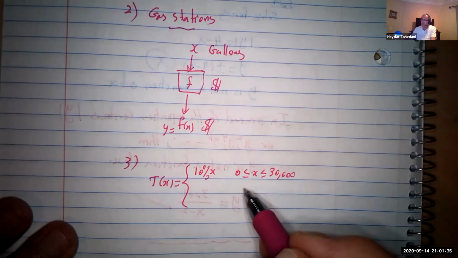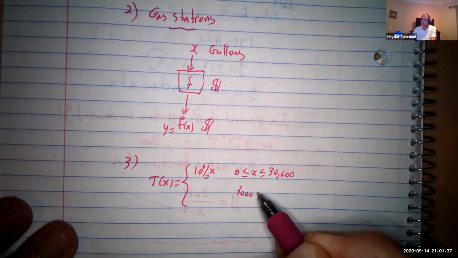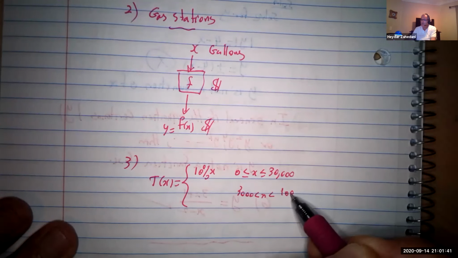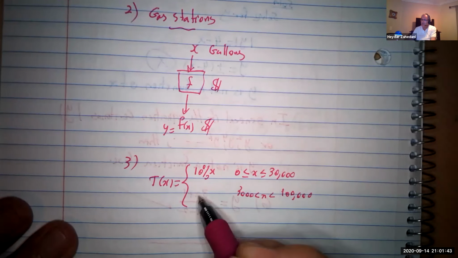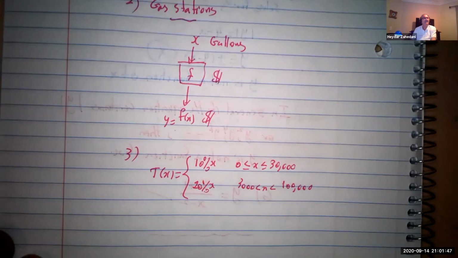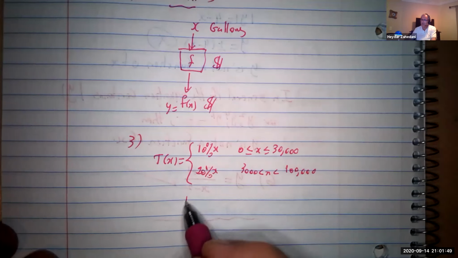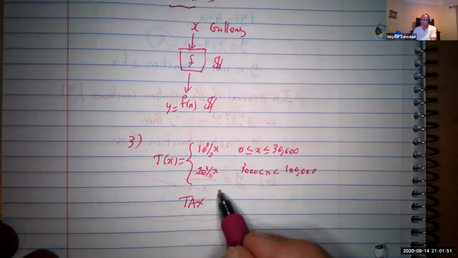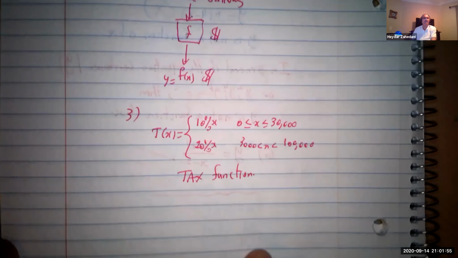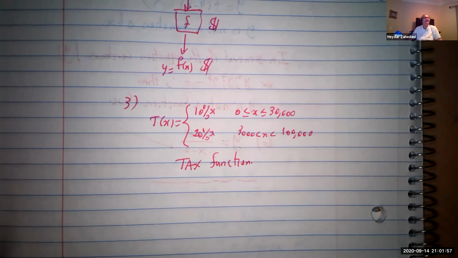But if your income is higher, they bring another machine, a 20% machine, etc. So the tax machine is a tax function. It's a very good function. We call it a piecewise defined function. We talk about it later.